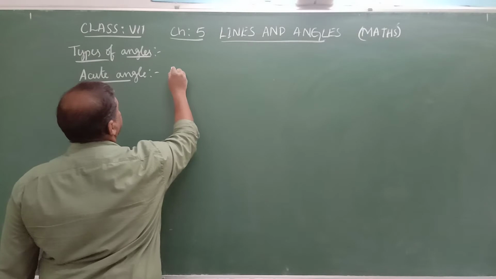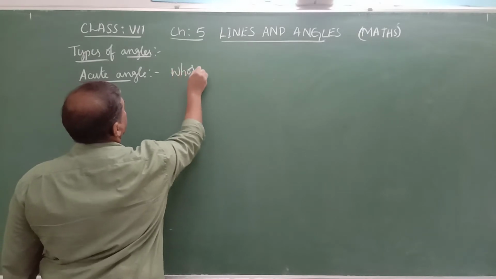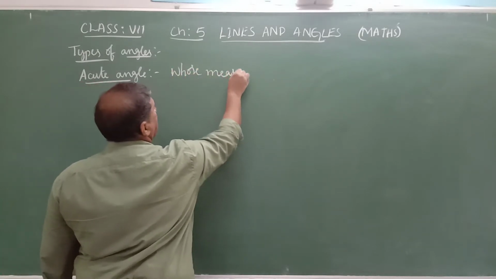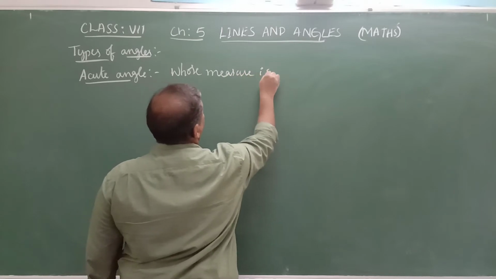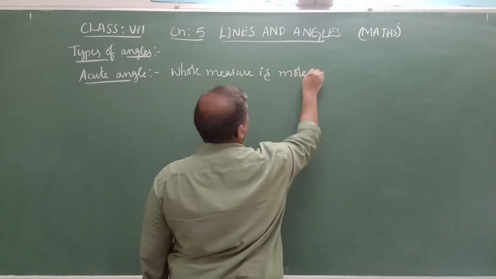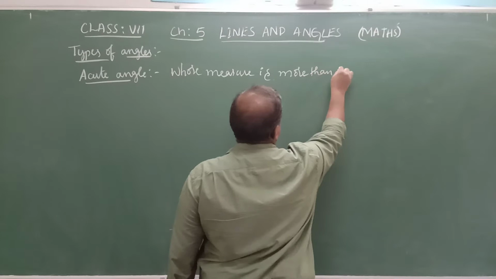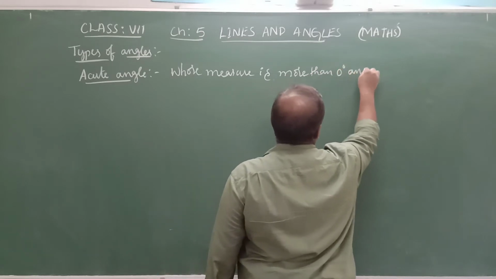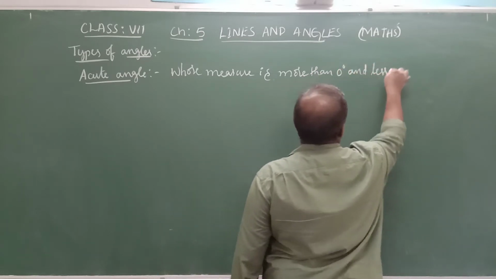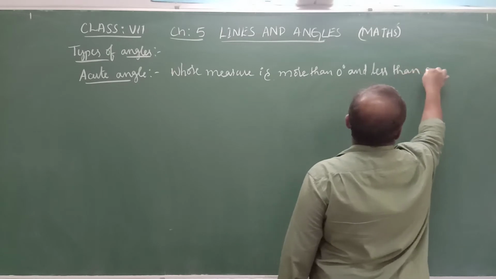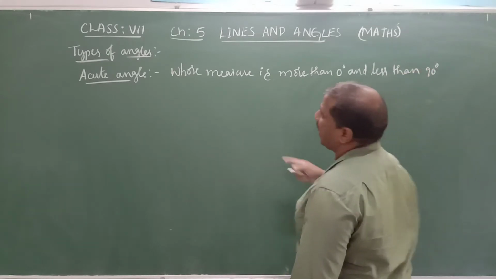An angle whose measure is more than 0 degrees and less than 90 degrees is known as an acute angle.